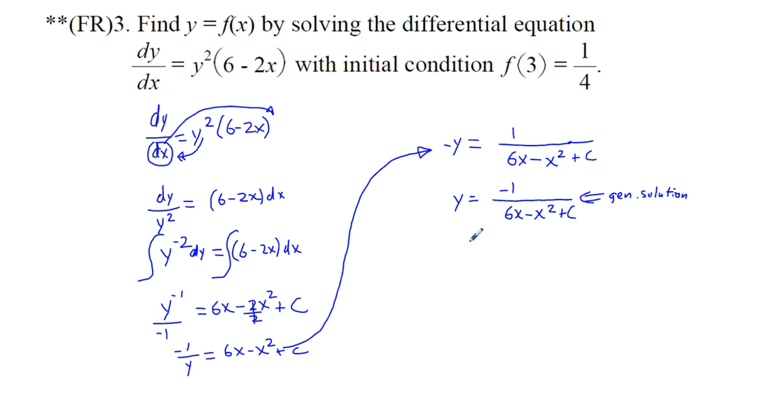So now we're going to go ahead and plug in initial condition f of 3 equals 1/4. So we have 1/4 equals negative 1 over 6 times 3 minus 3 squared plus c. So what is that going to be?